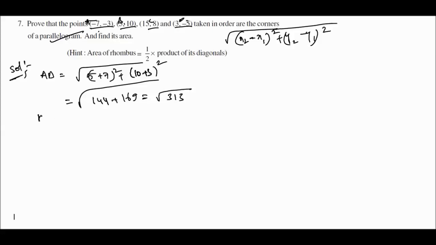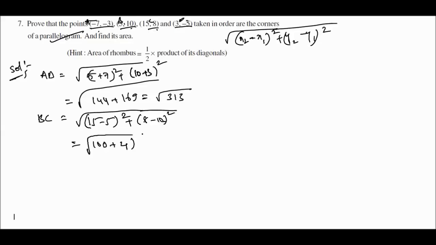So this is AB, and BC is equal to under root of (15 minus 5) whole square plus (8 minus 10) whole square. So it will become 10 square 100 plus minus 2 square 4, under root of 104.